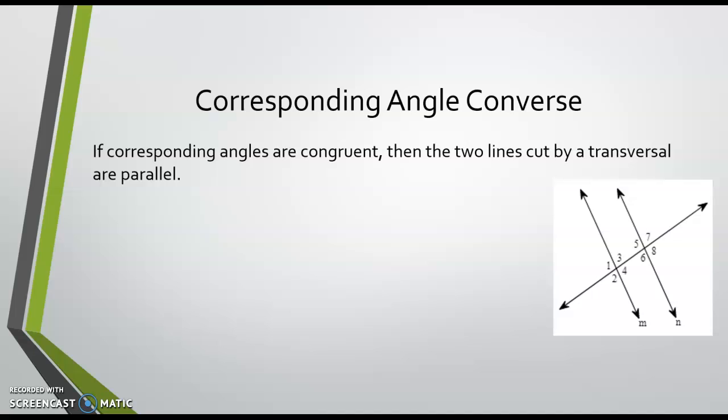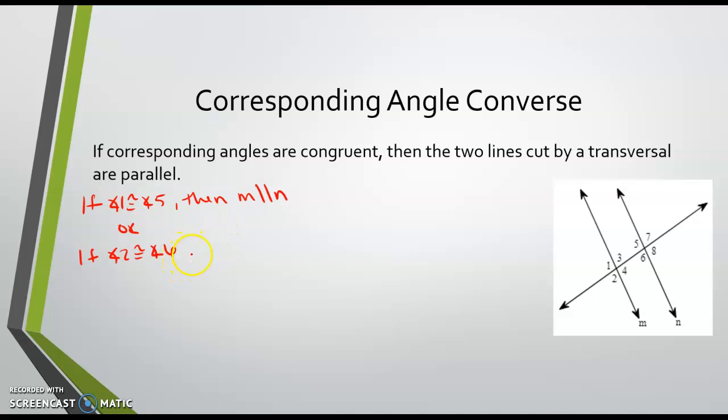So, like I just said, if corresponding angles are congruent, then the two lines cut by the transversal are parallel. So that could be that if angle 1 is congruent to angle 5, then line M is parallel to line N, or if angle 2 is congruent to angle 6, and it only takes one of these pairs.